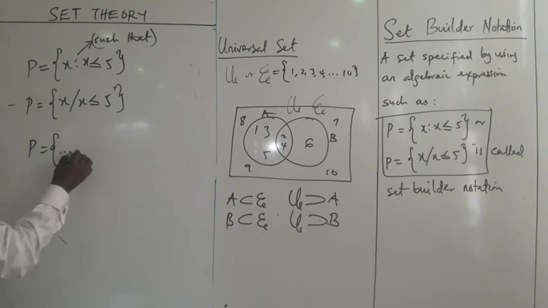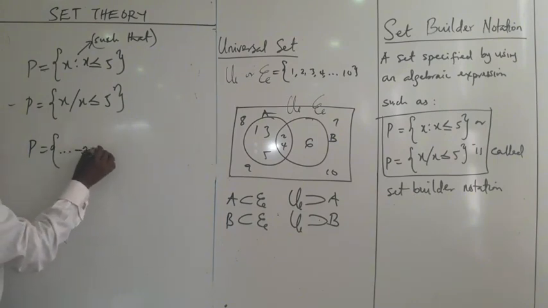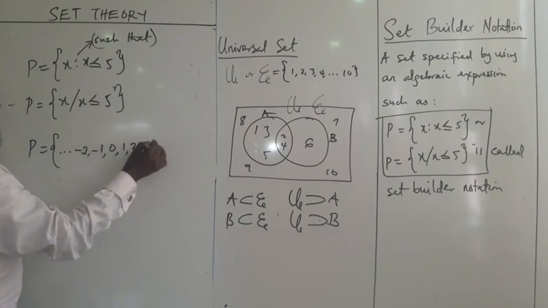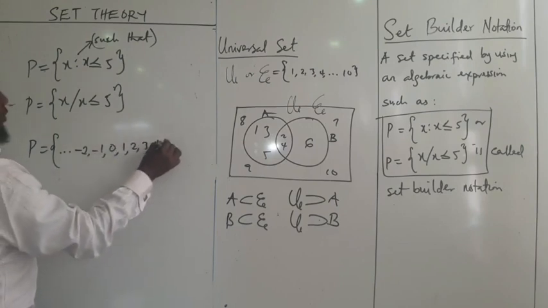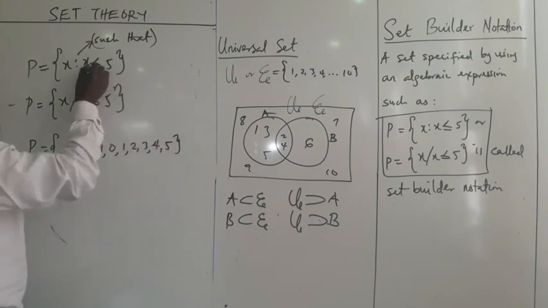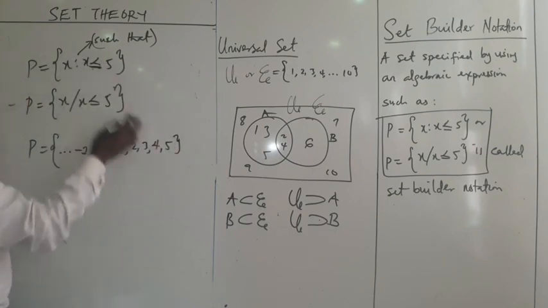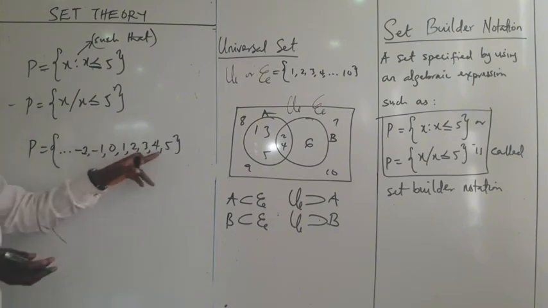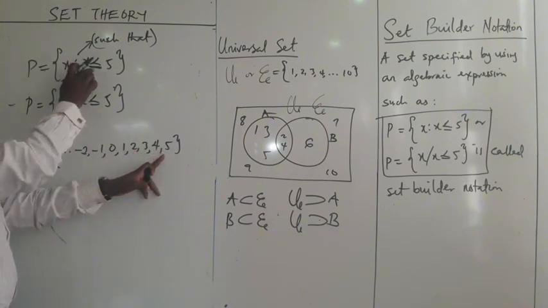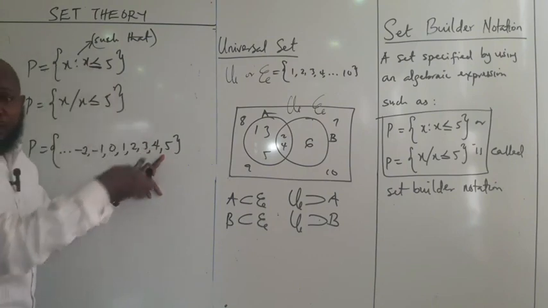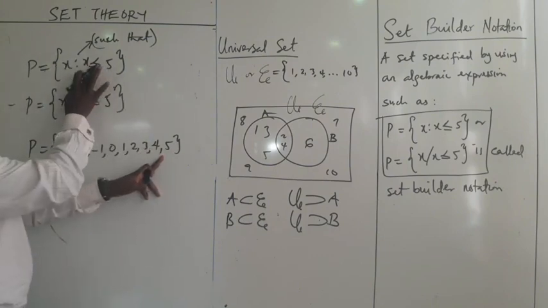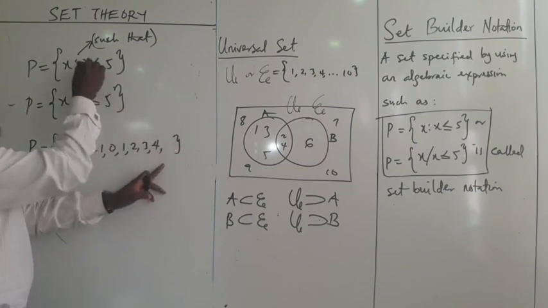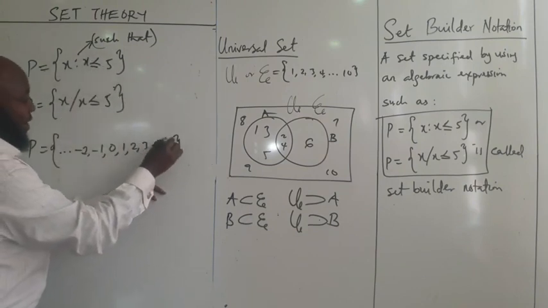We can start from, let's say, -2, -1, 0, 1, 2, 3, 4, and then 5. All these numbers from 4 downward are less than 5, but we have equal to here, so it means 5 is included. If there is no equal to here, we would not have 5 here. But because we have equal to, that is why we have 5 here.